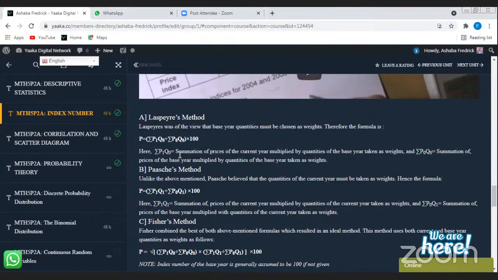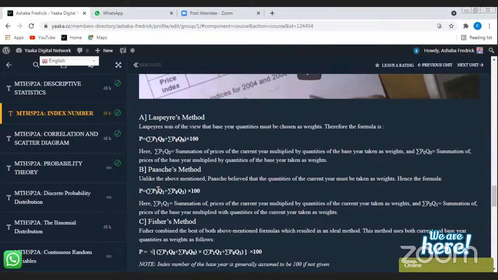So they are specified here that here summation of price relatives, so P1 times Q1, price relatives in the current year multiplied by quantities of the base year taken as weights. Then summation P naught Q naught, summation of prices of the base year multiplied by the quantities of the base year taken as weights. So that one is not much different. So it is just a matter of using a formula.